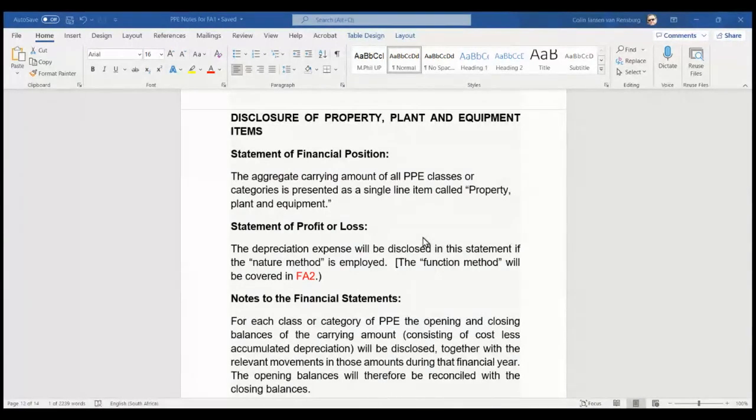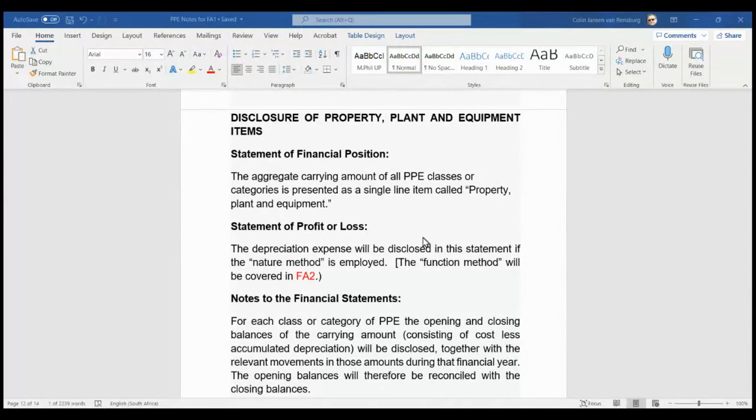So in any case, when it comes to the notes, we give further additional information about the property, plant, and equipment. In that note, ladies and gentlemen, we are going to specify the categories such as property, plant and machinery, motor vehicles, whatever categories we have. We're going to disaggregate them or show them separately.